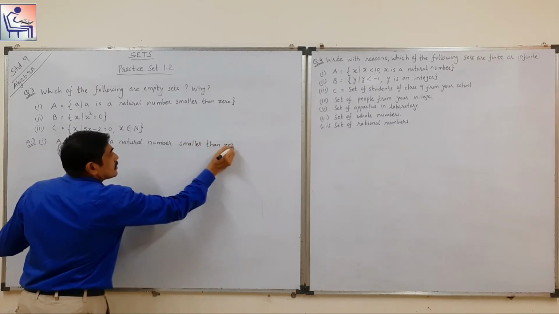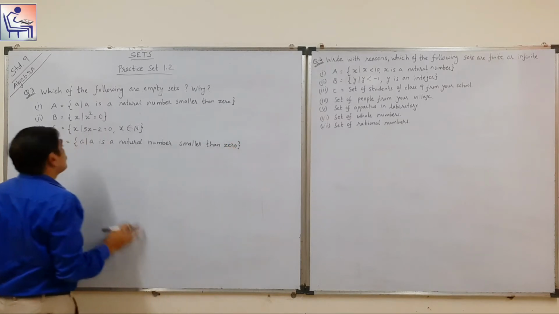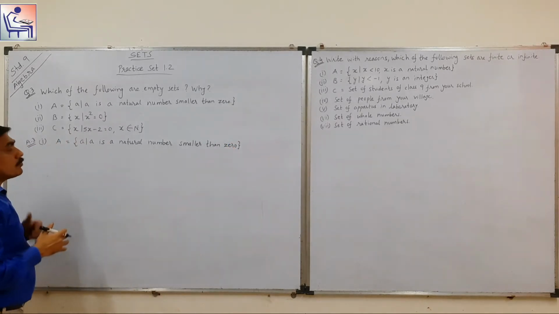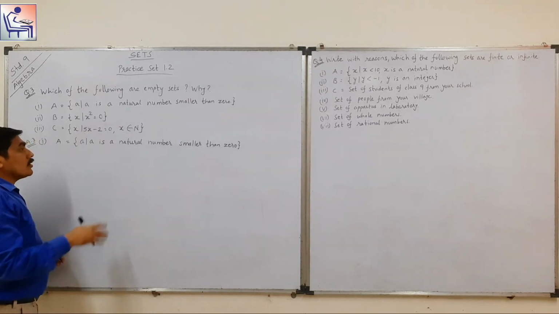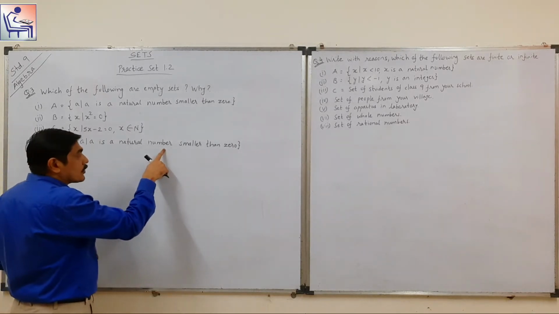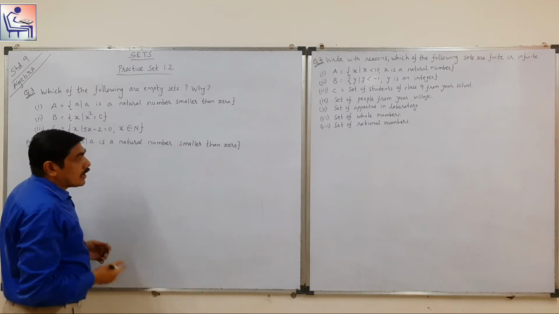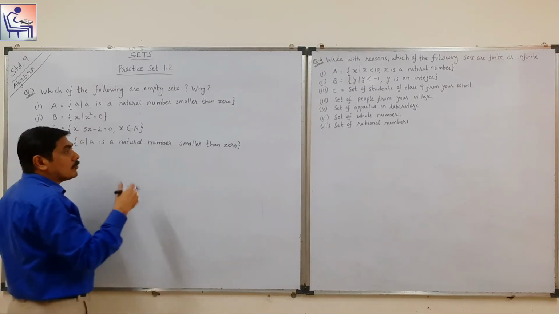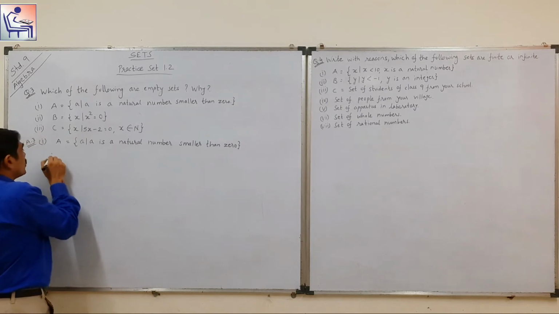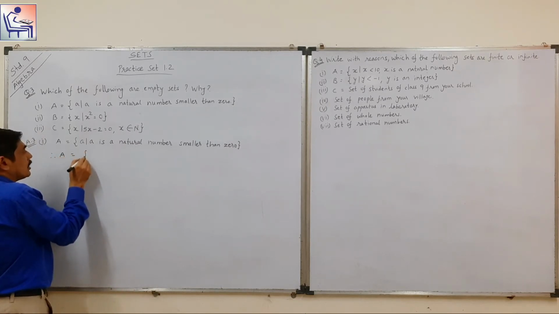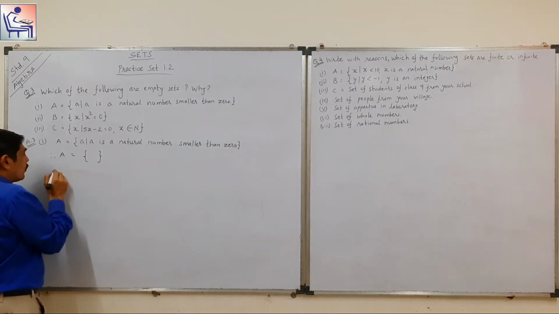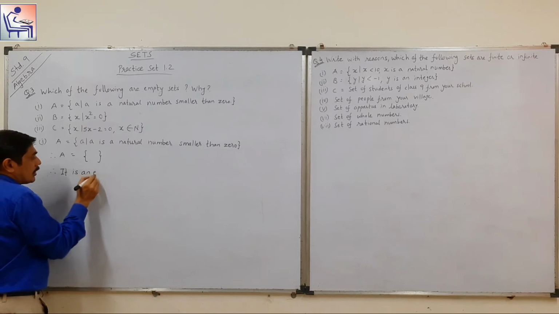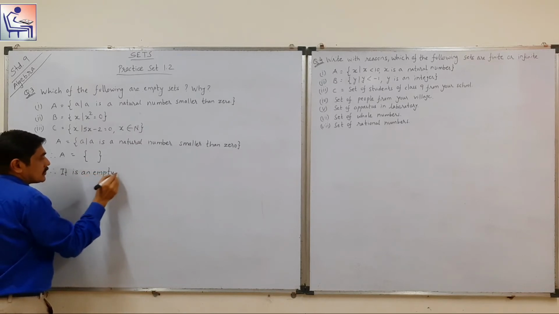Natural numbers smaller than 0 are not at all possible, because natural numbers are always positive, and any number less than 0 becomes a negative number. So it is not possible. Therefore, it is an empty set.